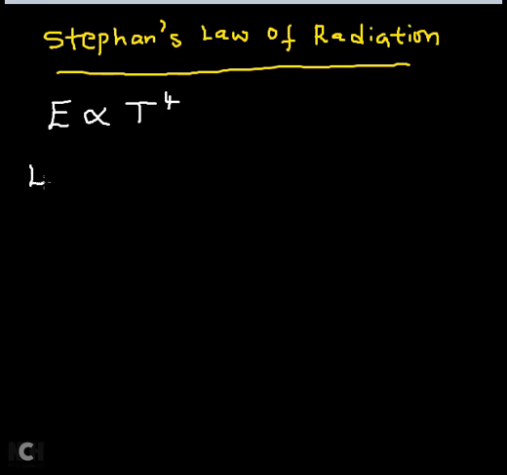So E here is the rate of energy a black body will radiate, the rate of energy per unit area.